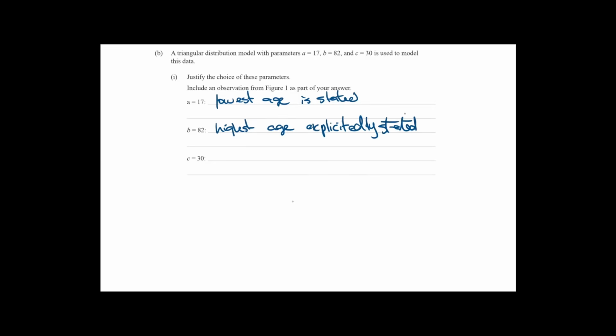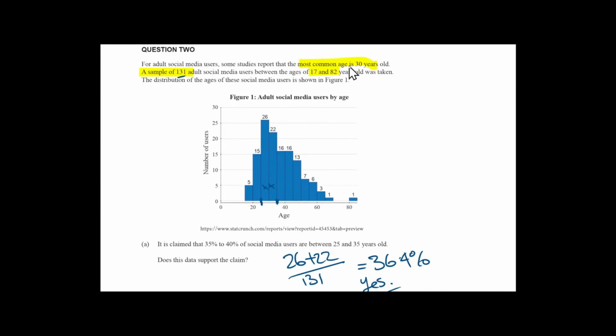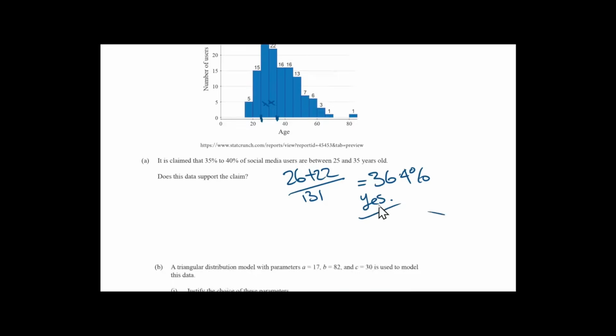And let's look at the wording that they used for 30. So 30 is the most common age. And if we look here, so this is 25 is here, so this is the 31. So it is the most common age, and it does have this triangular shape. There is a bit of a hiccup here, but it does tend to have this triangular shape.